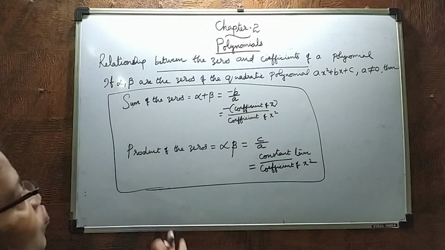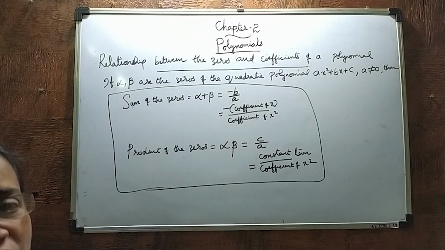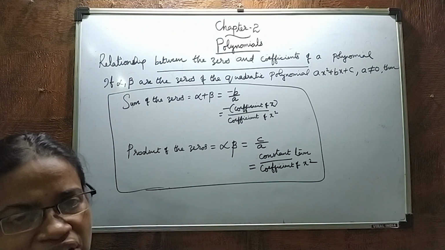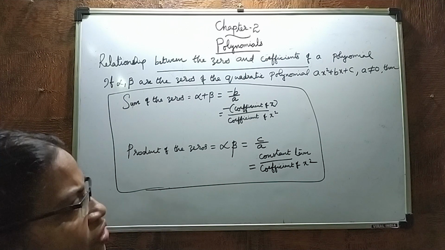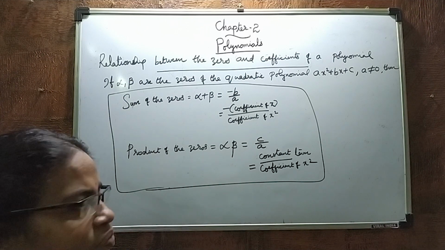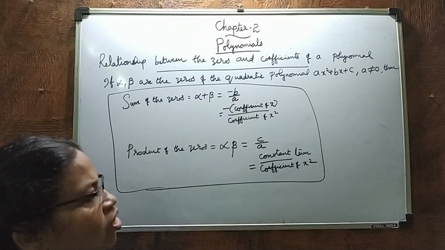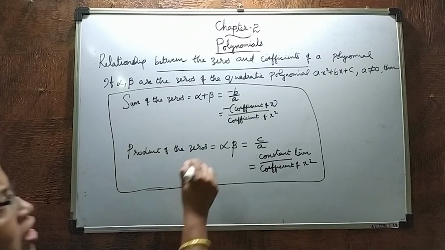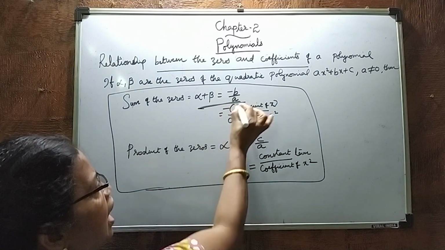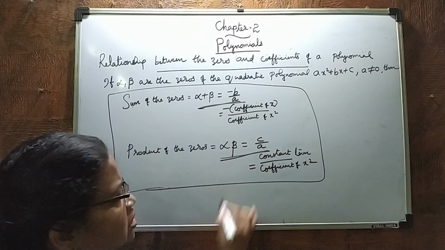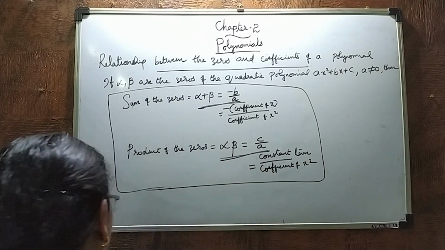They will ask you to verify, so you have to find alpha and beta, find the coefficient of x square and the constant term, apply them, and if both are equal, it is okay. If you do the problem, you will understand. Remember this formula correctly: alpha plus beta equals negative b by a, alpha beta equals c by a.